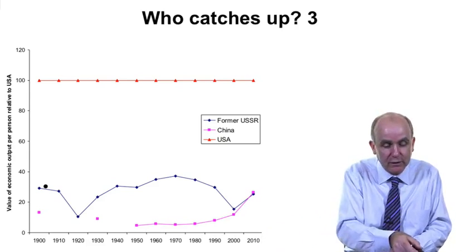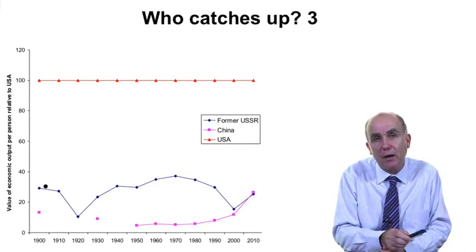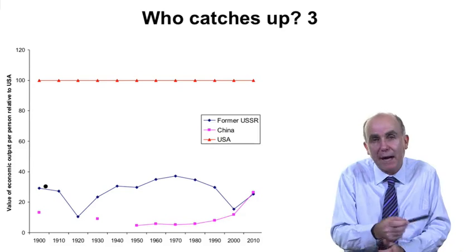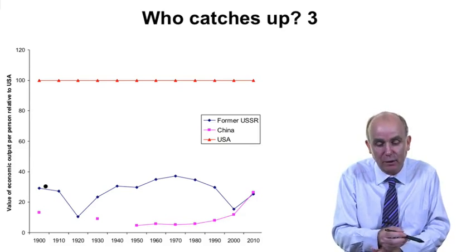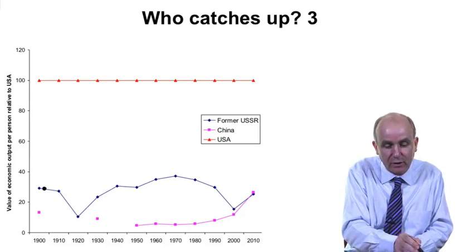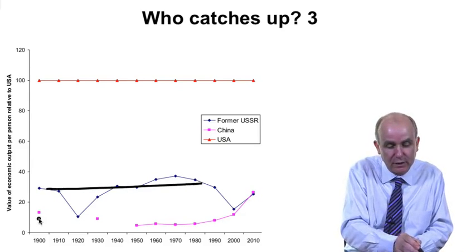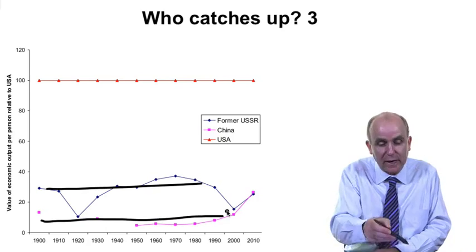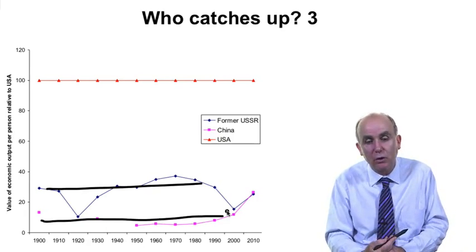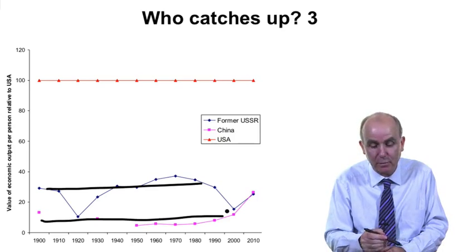In this graph, you can see that we now know that the answer was a market-based capitalist method of economic activity, that the economies in the Soviet Union and China failed to catch up at all to the United States during the 20th century, during the period when they had a command-based communist system of economic organisation.